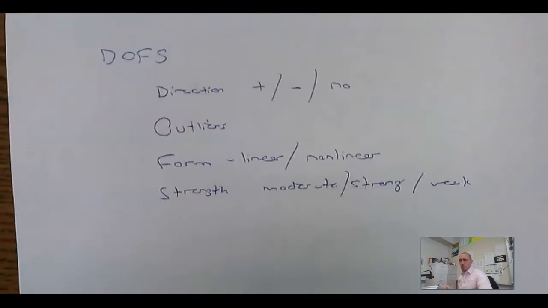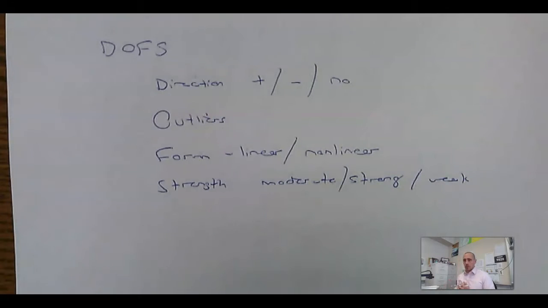And I encourage you to use LY words here, like moderately strong, moderately weak. It gives you a little more flexibility as opposed to just committing to something and having a higher likelihood of being incorrect. So that's how you're describing a scatter plot.